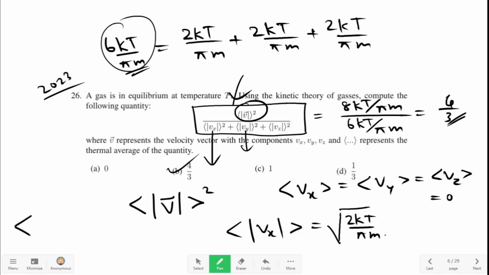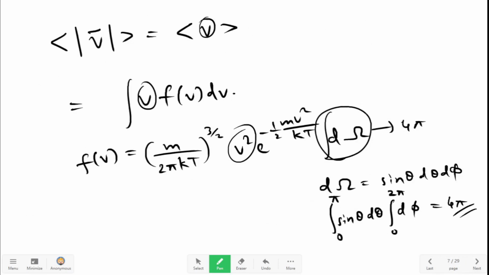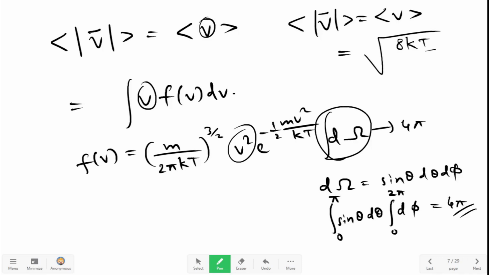The average value of Vx Vy is also equal to 0. The average value of modulus of V vector, which is simply the average of V, is equal to root of 8 kT upon pi m. So these kinds of results you can remember.